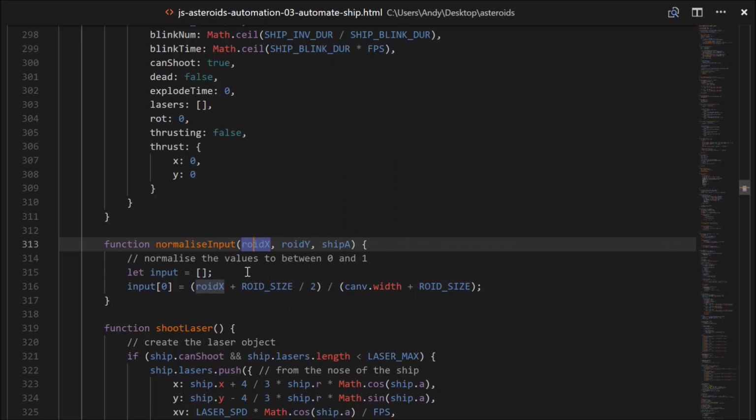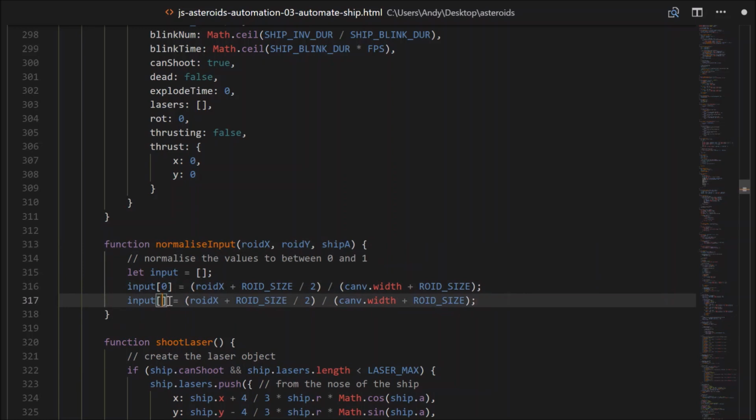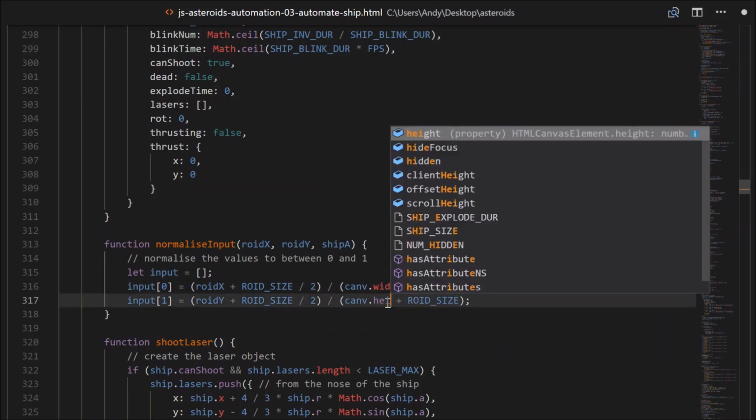That's good. And halfway between, say 250. 250 plus the radius of 50 is 300. 300 divided by 500 plus 100 is 600. 300 divided by 600 equals 0.5. That sounds good. We'll do the similar sort of thing for the y position, except that we'll use the height instead.